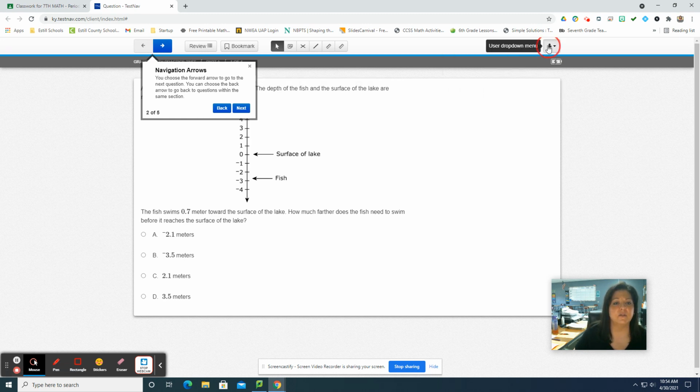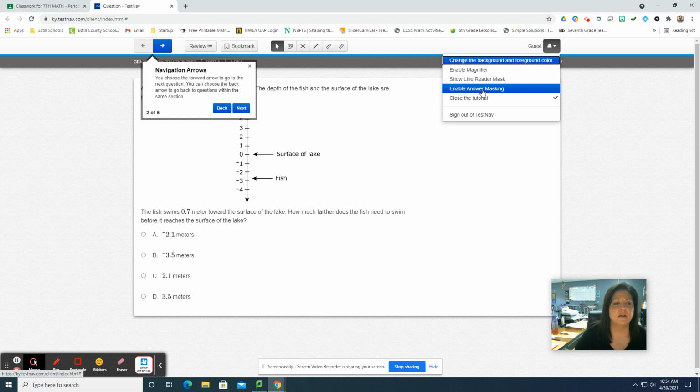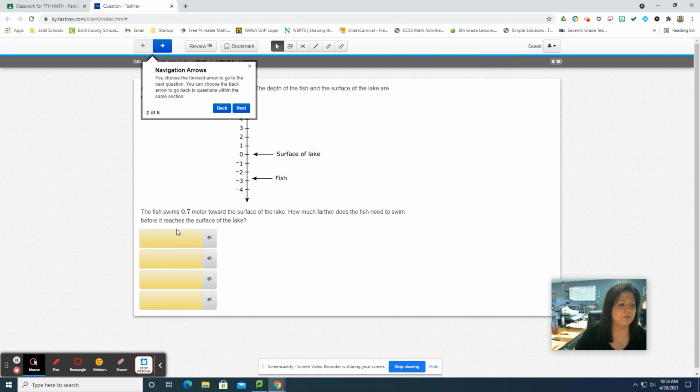We also have answer masking, where it will mask the answers so you can solve it without having to see what the answers are. If that's something that you prefer to do, that's fine. I don't see that it might be necessary, but it is totally fine if it helps with your anxiety.